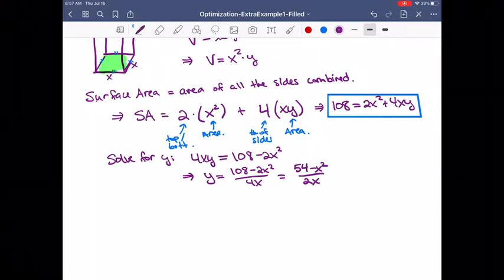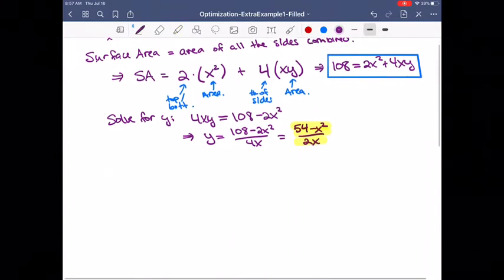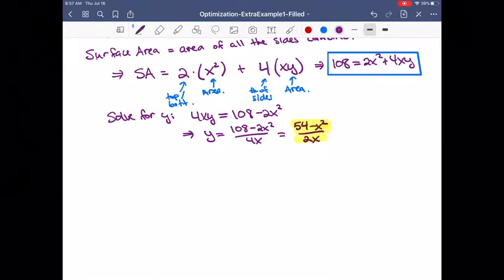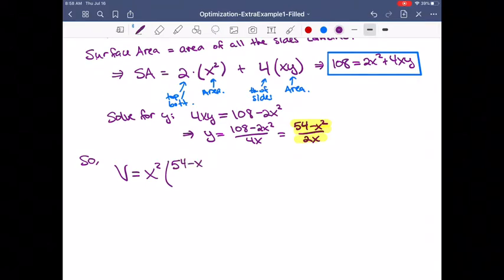Okay, so now what we're going to do is take this, this is our y, and we're going to replace it in the volume equation. So the volume is equal to x squared times y, and y is 54 minus x squared over 2x.